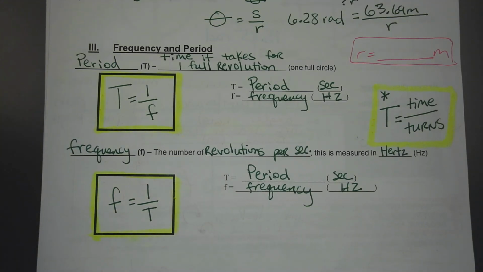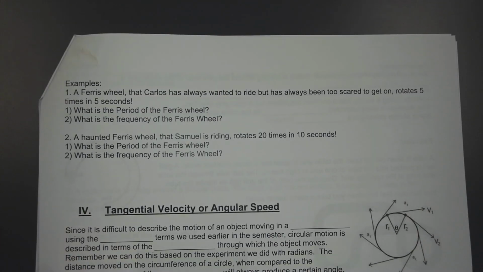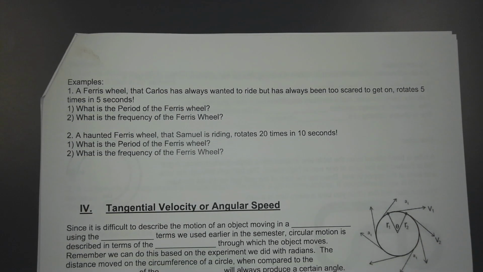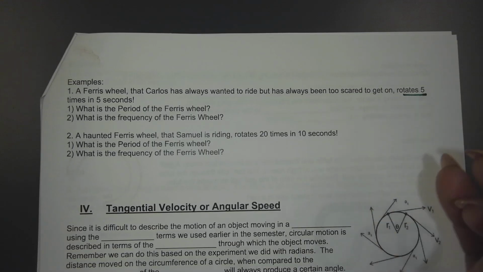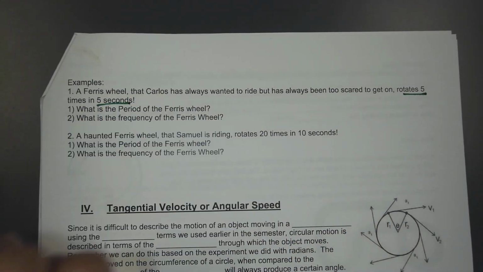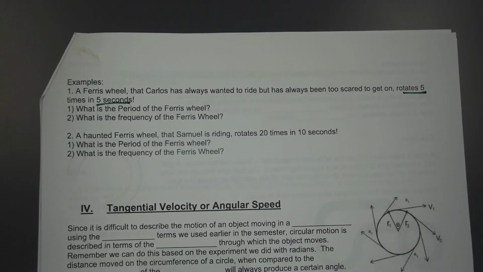Okay, so just like all other equations, once I get through writing the equations, then we practice the equations. So let's practice. Number one here is pretty easy cheesy. So we got 2. A Ferris wheel that Carlos has always wanted to ride but has been a little too scared to get on rotates 5 times in 5 seconds. What is the period?